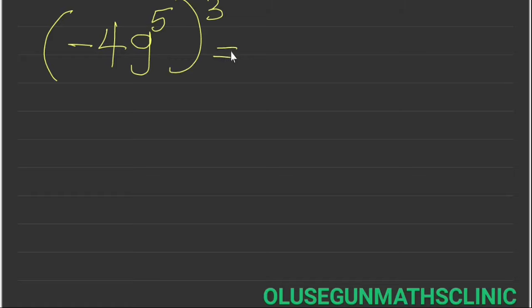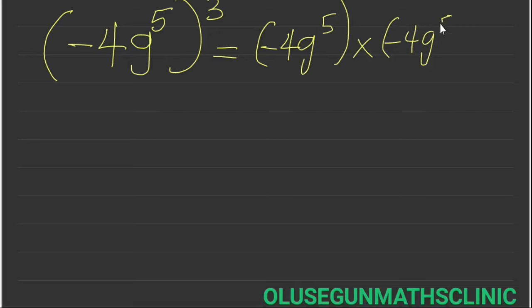Let me use one form: you open a bracket, minus 4g raised to power 5 times minus 4g raised to power 5 times minus 4g raised to power 5. Let me write it.